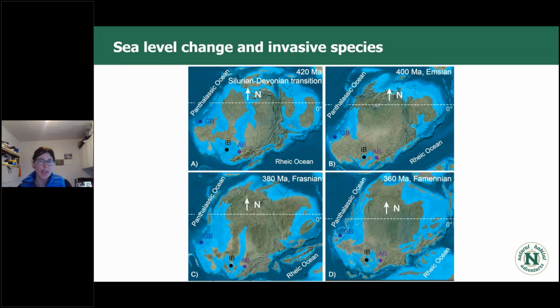And when we have an area that connects that used to not be connected, what we tend to see happen then is invasive species moving into the new habitat. So whatever species is better suited and more able to survive tends to be the one that will survive and thrive. Say you've got 3 species of brachiopod in the area, and they're each living in their own little basin, and they're all happy and on their own.